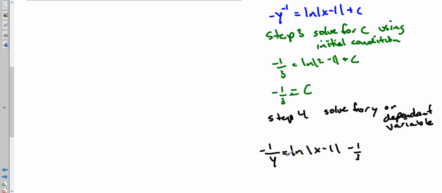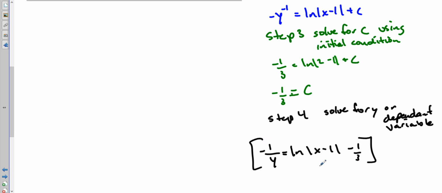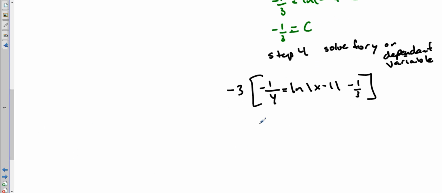If we want to eliminate that little fraction so it's a little bit easier, I'm going to multiply both sides by negative 3. When I do that, we have 3 over y equals negative 3 natural log of x minus 1, plus 1.